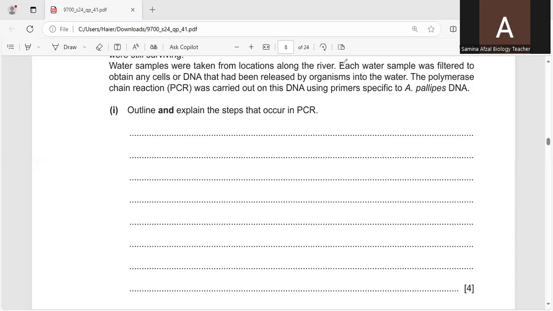It takes place at a high temperature, around 95 degrees centigrade, in which DNA strands are separated from one another. Due to the high temperature, they get separated because bond breaking takes place between them. The second step is annealing, which takes place at a lower temperature, around 55 degrees centigrade. So the primers adhere to the DNA strands.